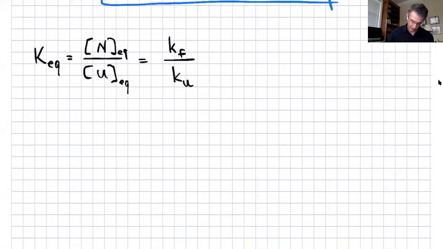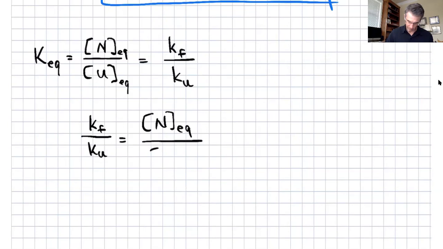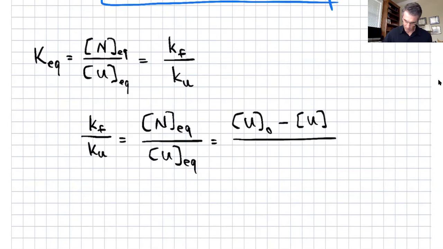That means Kf divided by Ku has simply got to be, and I'm going to rewrite what I have up there again so you can see, also equal to the concentration of U that I start with minus the concentration of U at equilibrium, divided by the concentration of U at equilibrium, right?